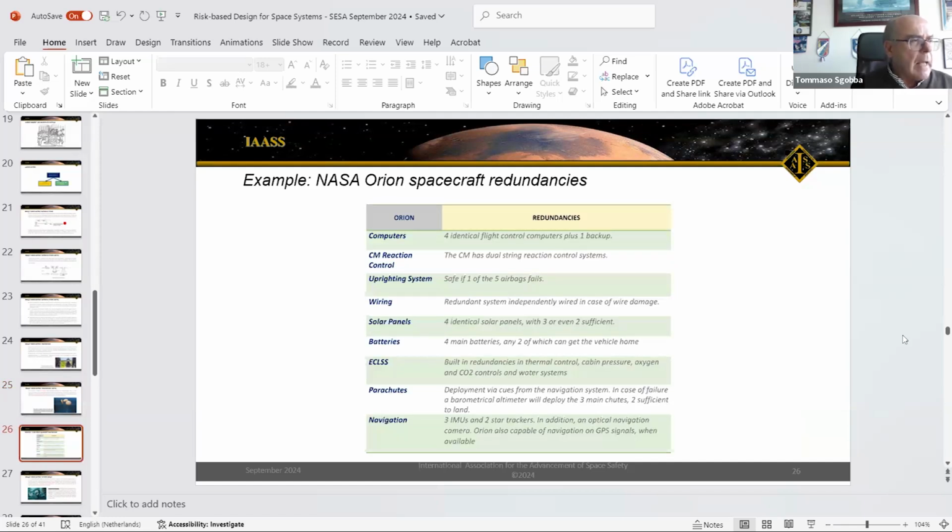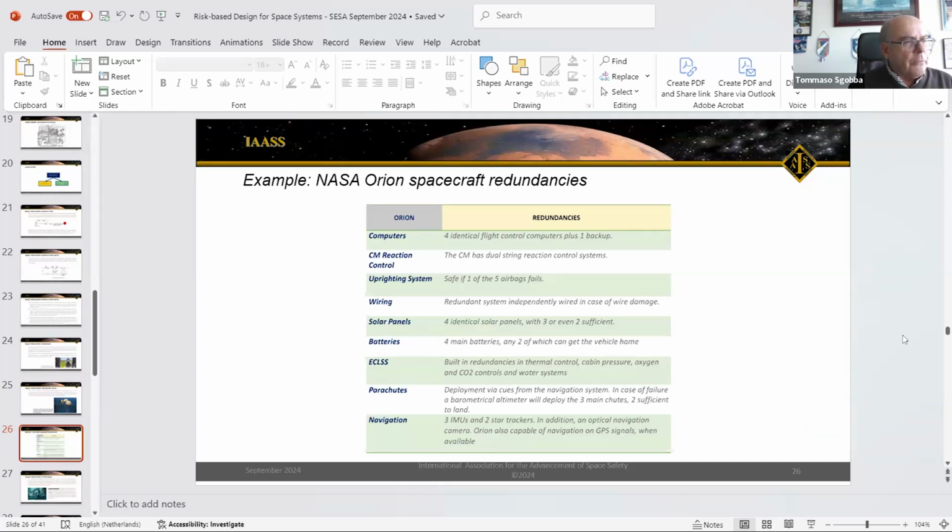This is just an example of the redundancy used on various components of a space system. In this case, here we are talking about computers, wiring, solar panels, battery, life support system of Orion, which is the moon capsule from NASA.